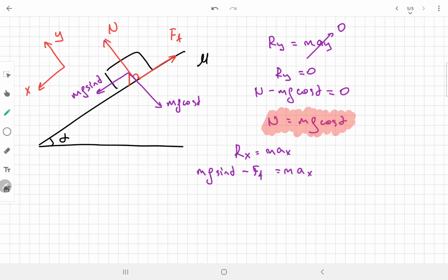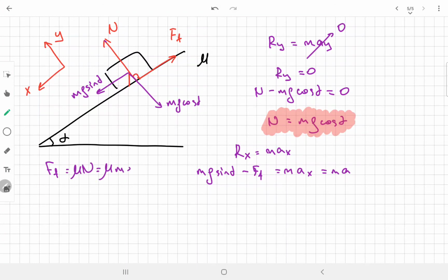Since we have motion only in x direction, we can just say m a. And we are assuming that it's moving, so friction force reached its maximum value, which means we can use this equation.